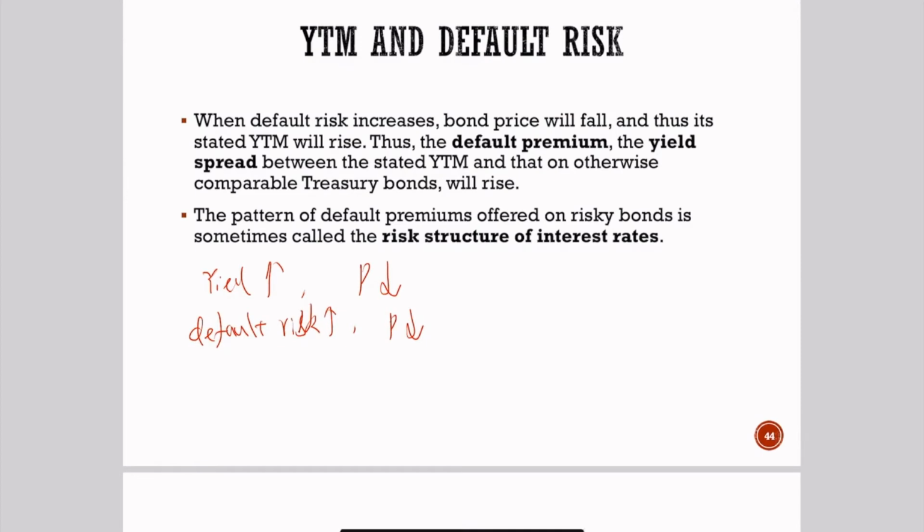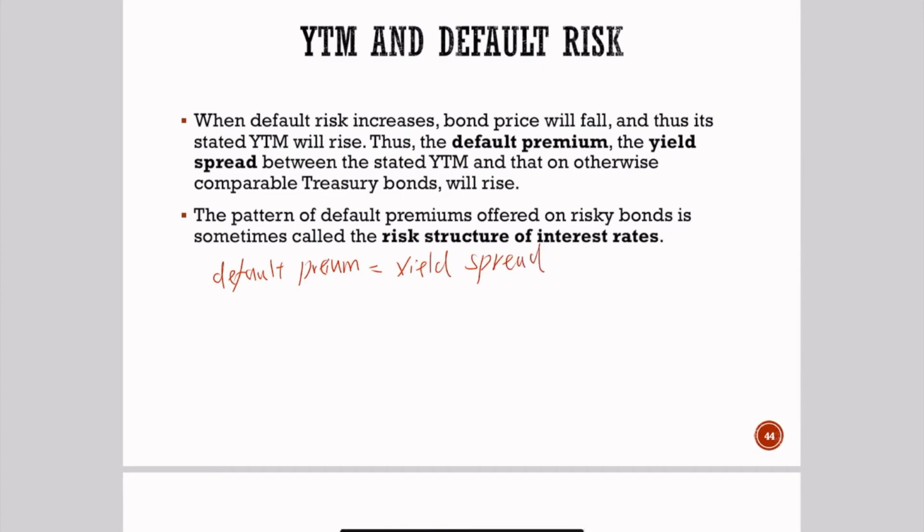So here the default premium is defined as the yield spread between the bond's yield and the yield on a comparable T-bond. Let me explain. First, we're thinking about the default premium. This premium is defined as a yield spread.